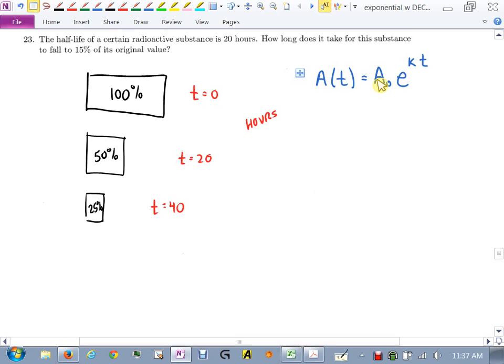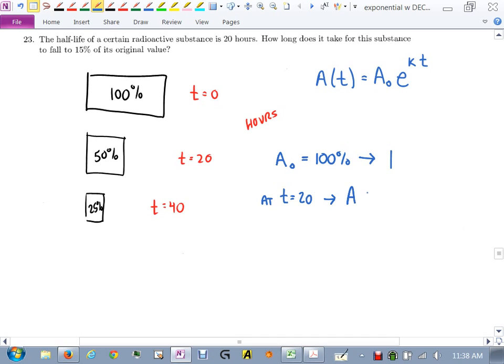So if I know the original amount is 100%, which I will convert to a decimal, how about 1? 1 is 100%? Then I know that at t equals 20, how much should be there?